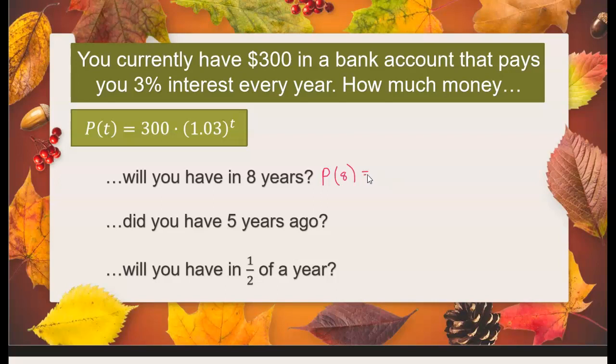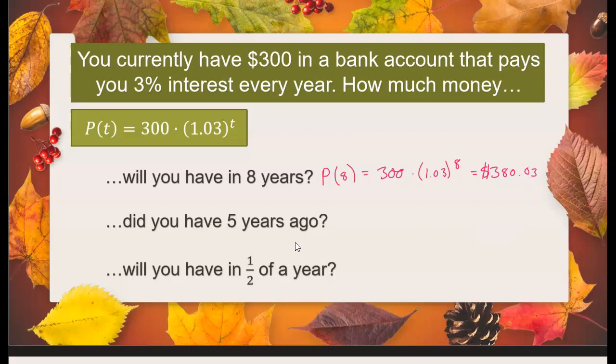P of 8 is 300 times 1.03 to the 8. If I put that in my calculator, 300 times 1.03 to the 8, I get 380.03 if I round. Now this is money, so we're going to round to the penny, round to 2 decimal places.